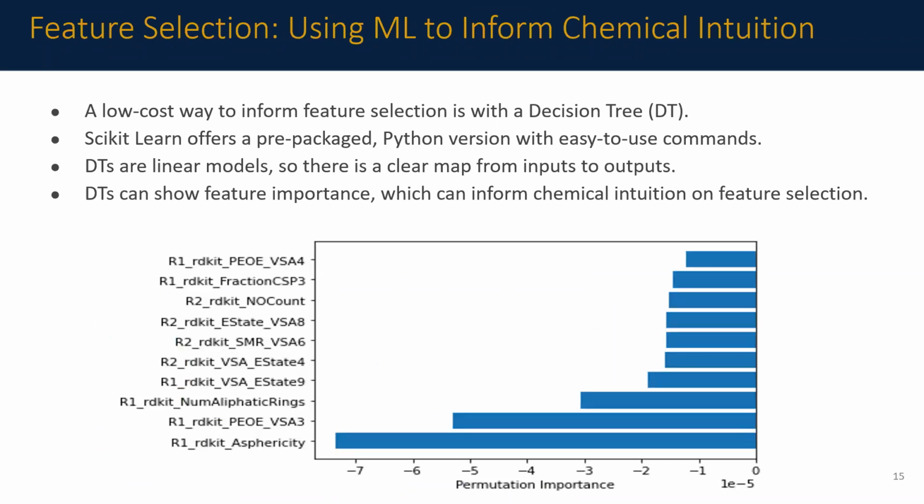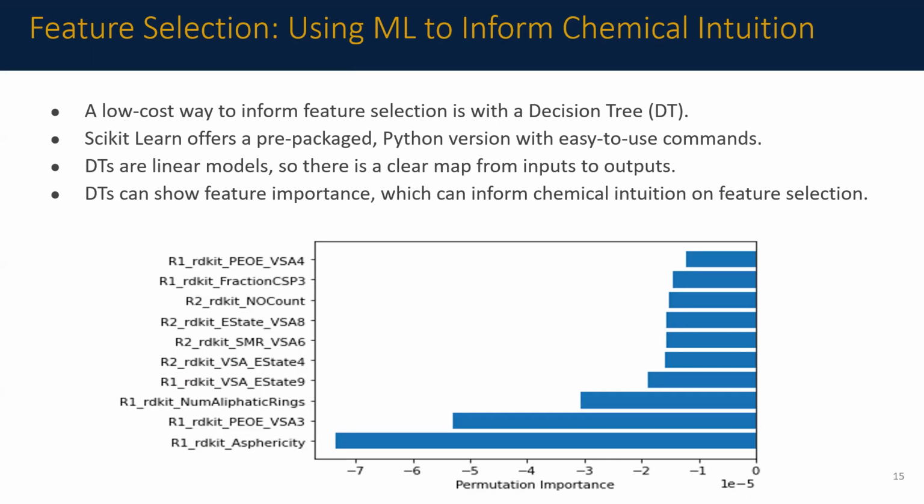So, of course, there's no substitute for chemical insight when selecting features, but when we're doing something like that, how might we use machine learning to inform chemical intuition? A low-cost way to do that is with a decision tree, and scikit-learn, for example, offers a prepackaged Python version with some easy-to-use commands, and decision trees are essentially linear models.